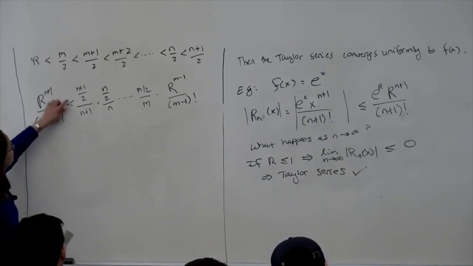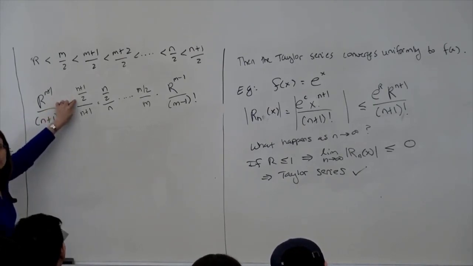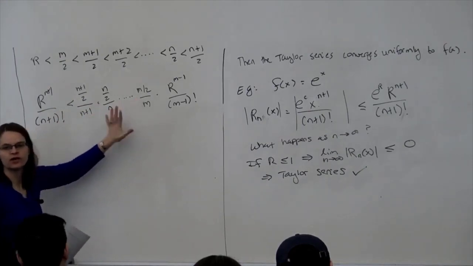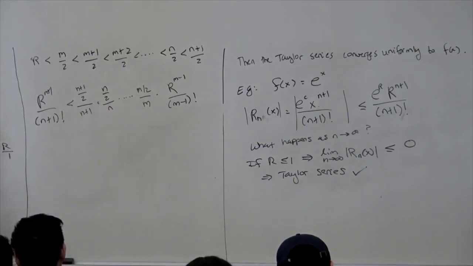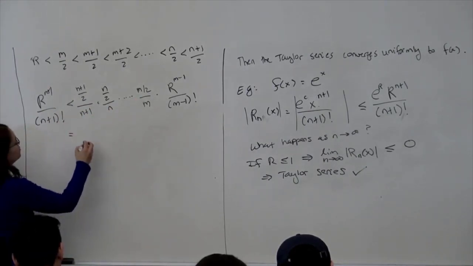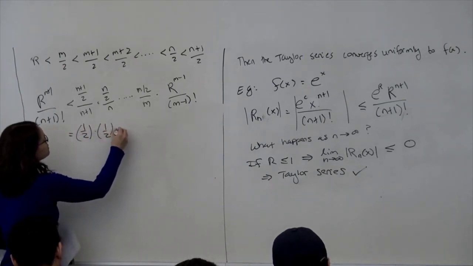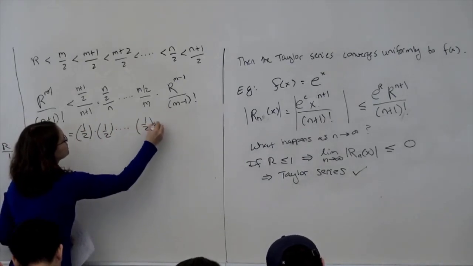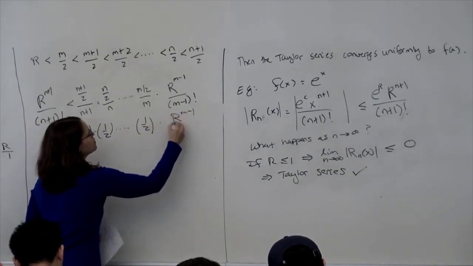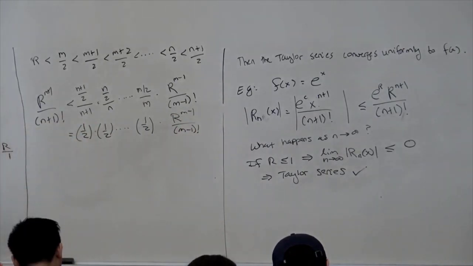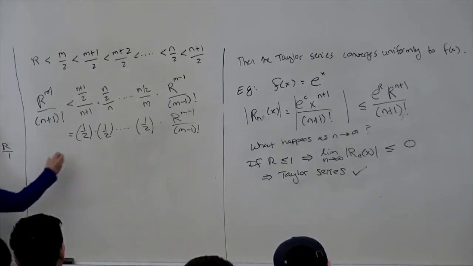And then you look through here and you say, well, this actually simplifies to a half. This simplifies to a half. This simplifies to a half. All of these terms simplify to 1/2. We're going to have 1/2 times 1/2 times 1/2 times this leftover bit. How many of these are there?